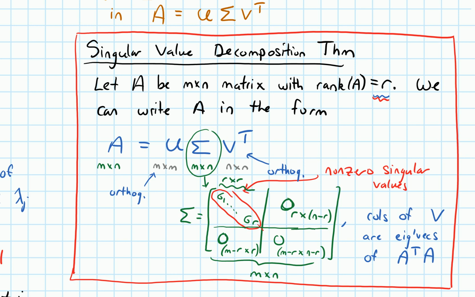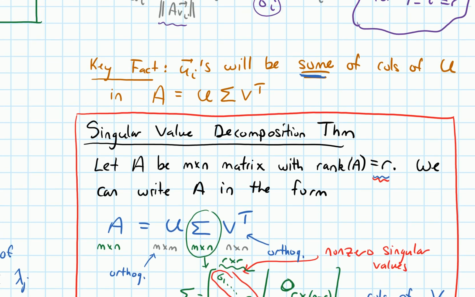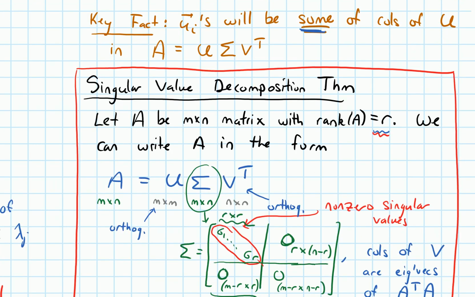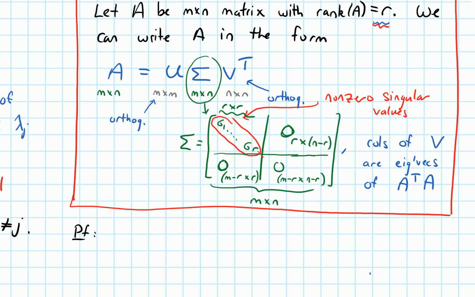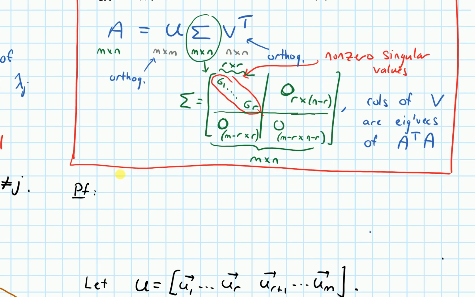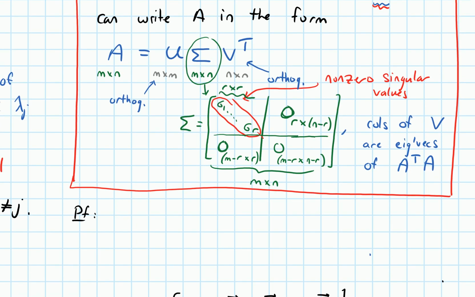And we said what some of the columns of U are going to look like right before this. This was the key fact. All right, so let's prove the singular value decomposition theorem. So we're trying to show that A equals U times sigma times V transpose.